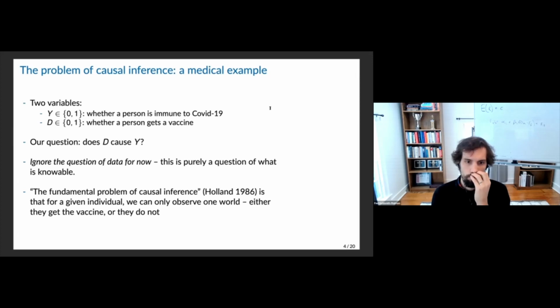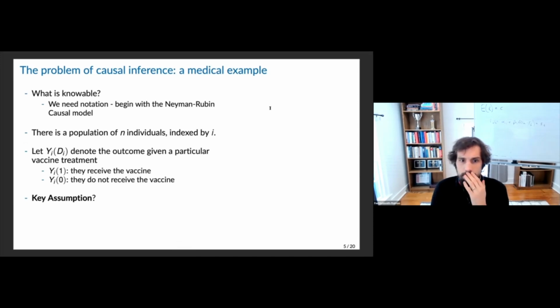And so what I'm going to first talk about is the fundamental problem of causal inference. One way of viewing this question is to say, look, for any given individual, we can only observe one world. Either it's a world where they get the vaccine or it's one where they don't. This is a very famous line. The fundamental problem of causal inference is to basically define a treatment and an outcome.